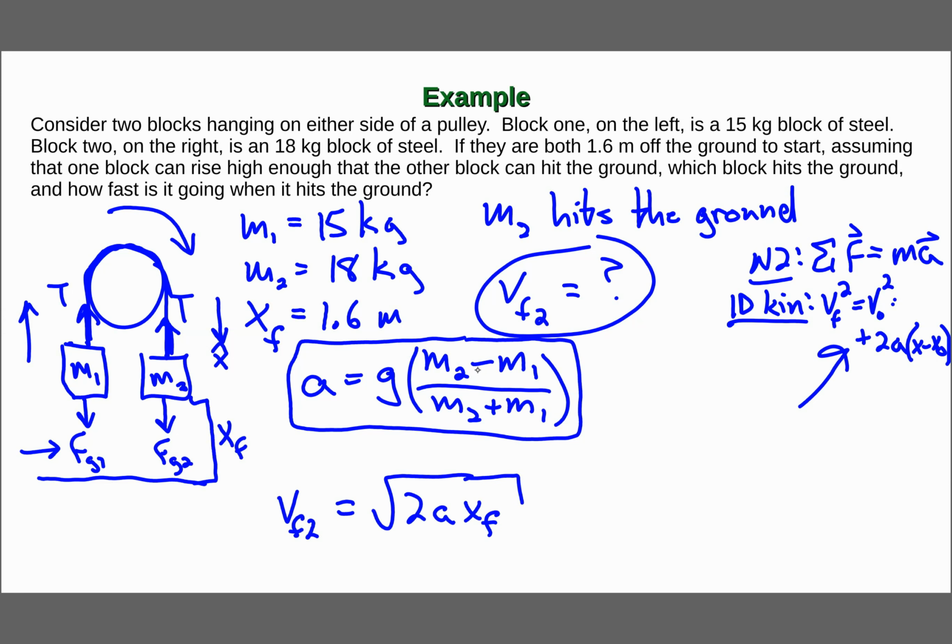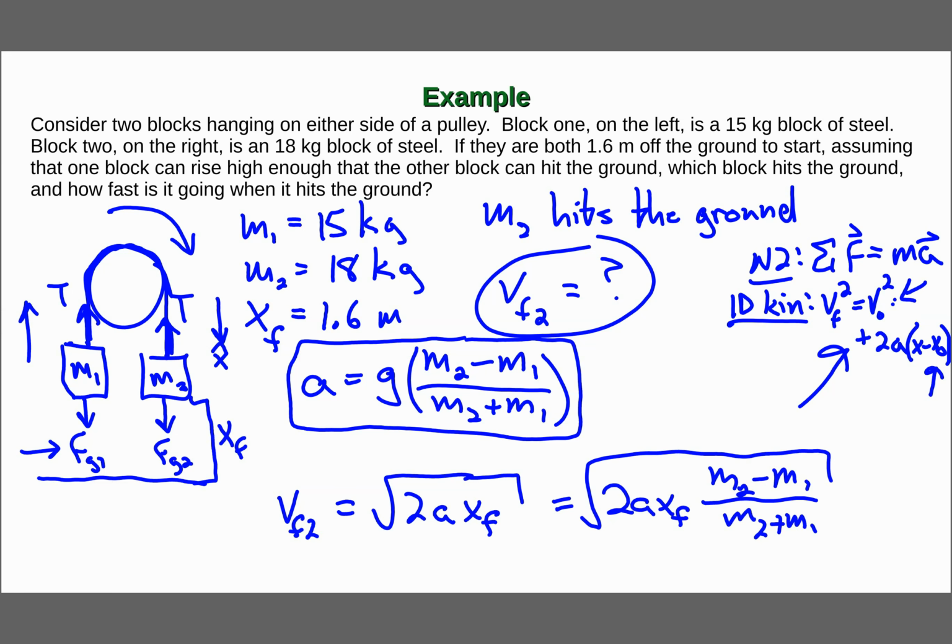We can pick our coordinate system to make this 0, and they started from rest, so this is 0. And then if we plug in for a, we would get 2gxf times this little fraction of masses that we have here. Right? And that's all in a root. So that's our answer.